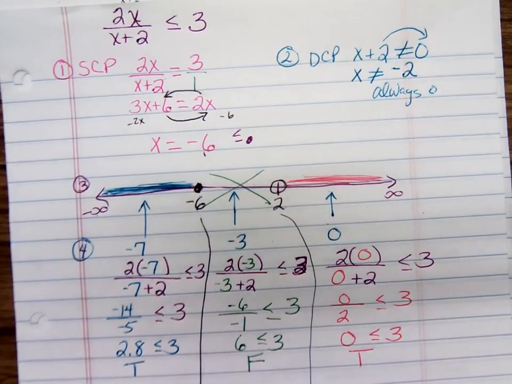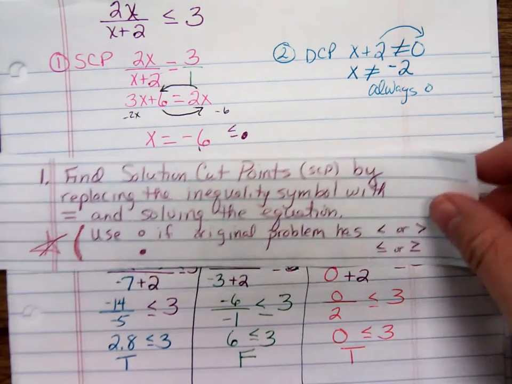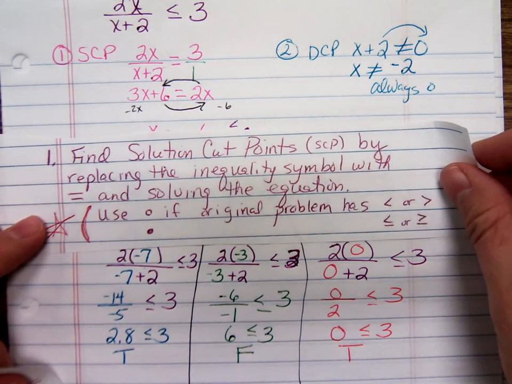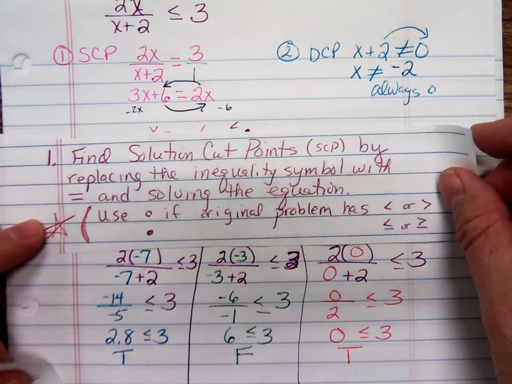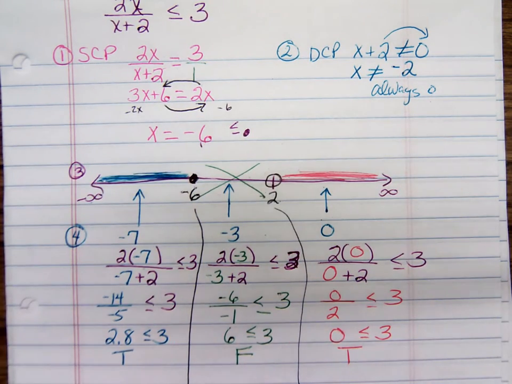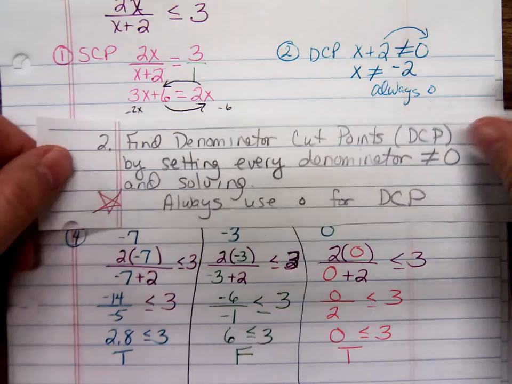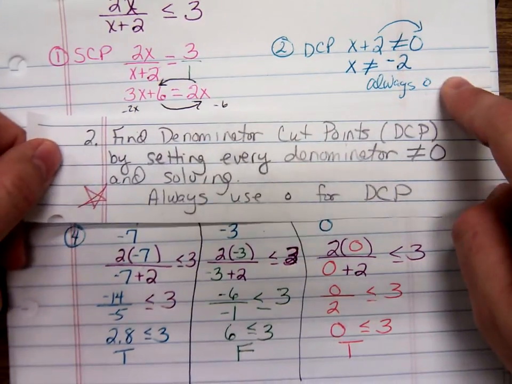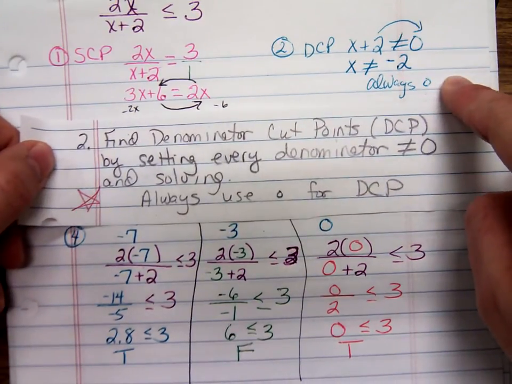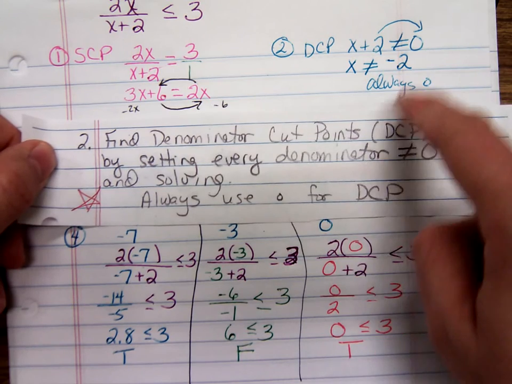So far, the first thing we did was find the solution cut points. Then we found the denominator cut points by saying the denominator can't be 0. Notice with the denominator cut points, you always have an open circle.